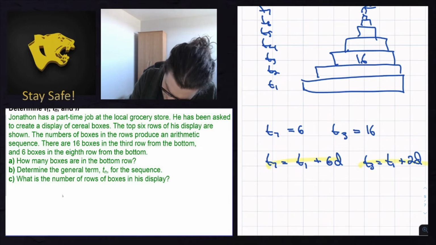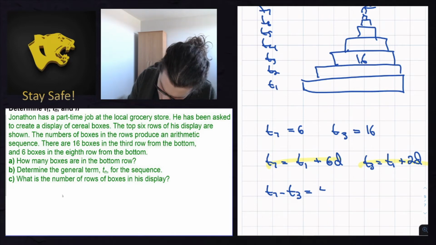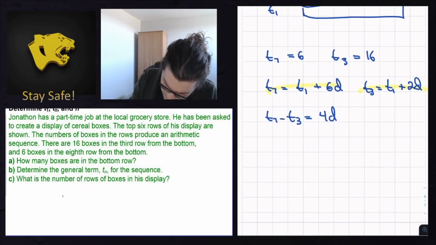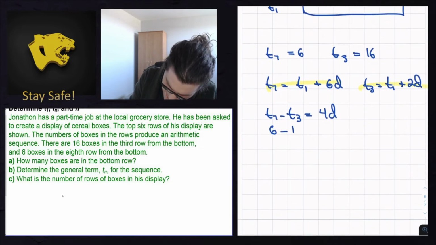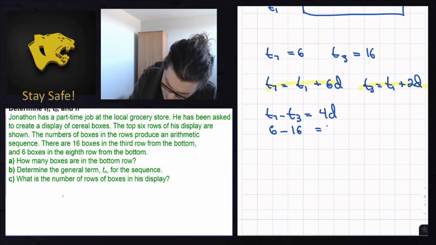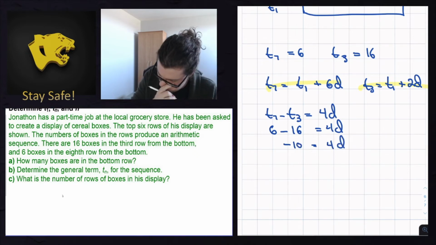So t7 minus t3 is equal to t1 minus t1, gone. 6d minus 2d is 4d. But I know what t7 and t3 are, 6 and 16, so I get something that only has d in it, which is great. So negative 10 is equal to 4d.